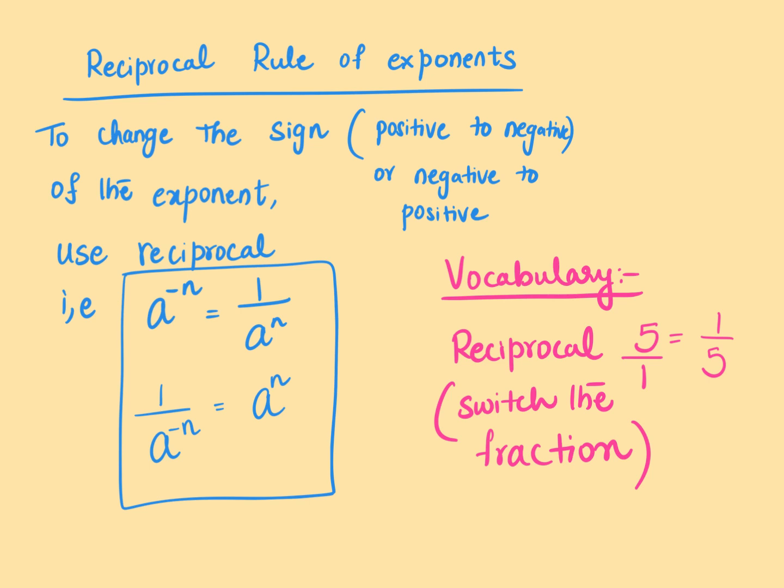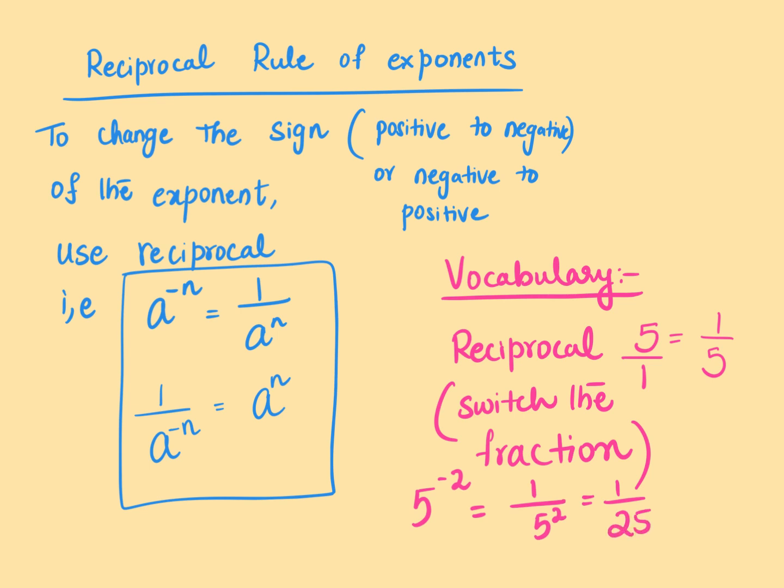The same thing, according to the rule, if I have 5 to the power of negative 2, all it means is it's 1 over 5 to the power of positive 2. That's how we treat it. And that ends up as 1 over 25.